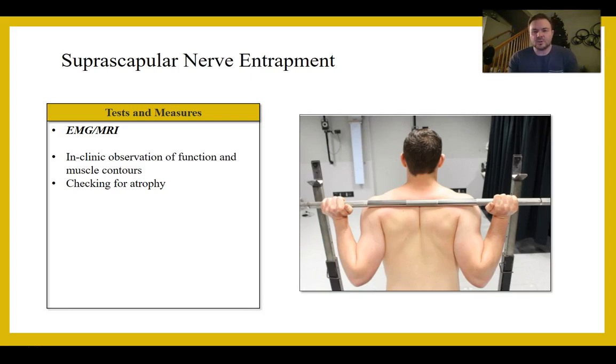And so one thing I want you to understand is that it's not just repetitive overuse or a labral tear that might cause this. It can be direct compression. I had one case of this where the guy was a power lifter and he switched to low bar squatting and started developing weakness on his bench press.